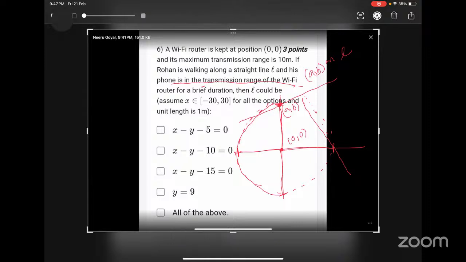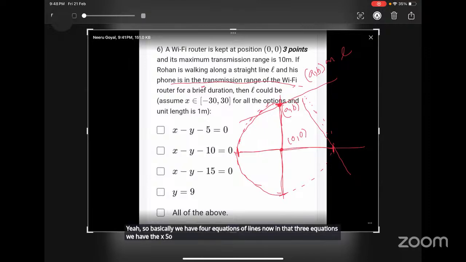The line only can be between minus 30 to 30. So basically we have 4 equations of lines now, and in 3 of them we have the x. They have just asked that the range of x is from minus 30 to positive 30.